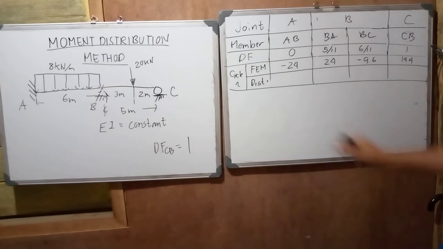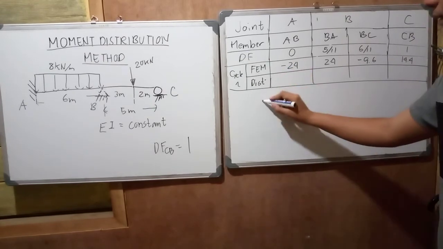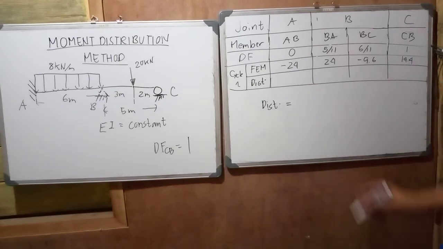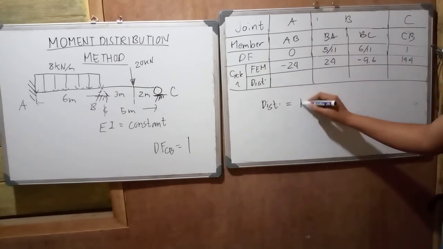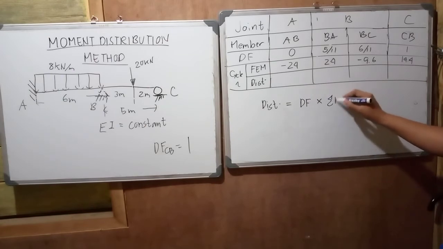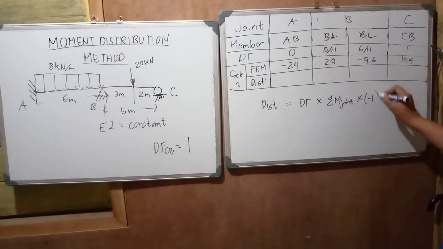Naalala nyo pa yung formula ni distribution. So, si distribution natin is equivalent to DF times summation of moments at joint times negative 1. Okay? Tandaan nyo palagi itong formula na to.